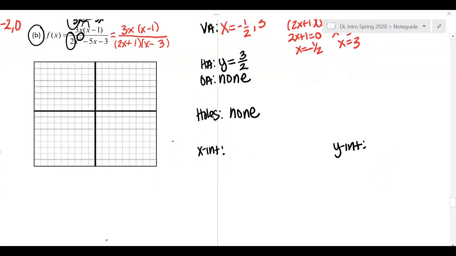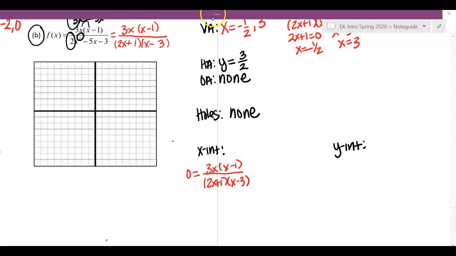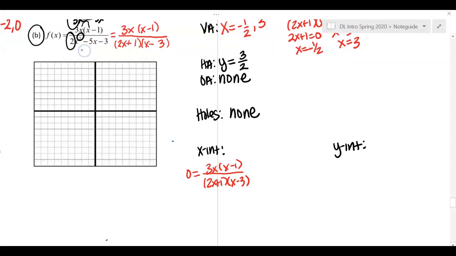For my x-intercepts, I'm going to set the y value equal to 0. And then remember how we solved for this. We decided to multiply both sides of the equation by those denominator factors to get them to cancel out. That worked out nicely on this side to cancel them out and just leave the numerator.